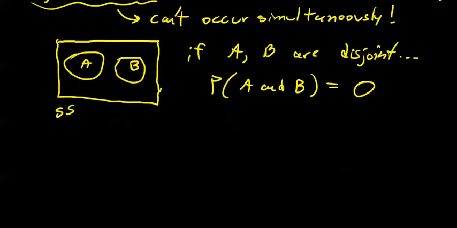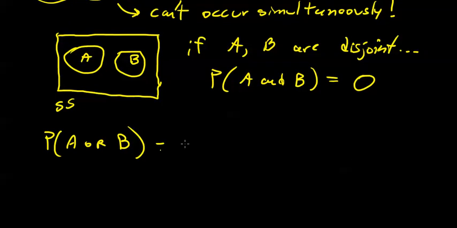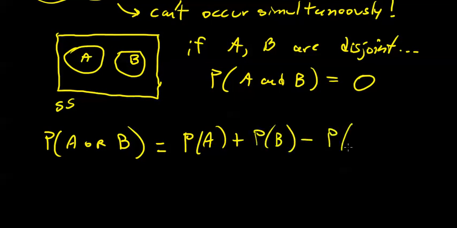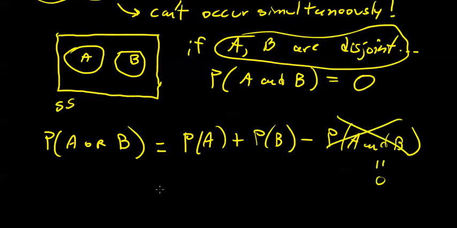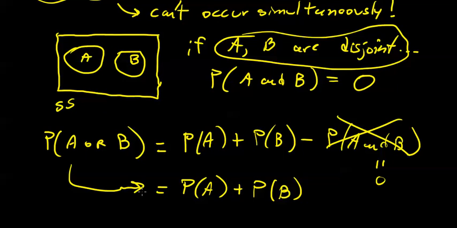Well, if you consider joining A or B with an OR statement, then the probability of A or B, according to the addition rule, is the probability of A plus the probability of B minus the probability of A and B. Well, if A and B are disjoint, that means this last term degenerates to 0, and the probability of A or B is merely the sum of the individual probabilities.